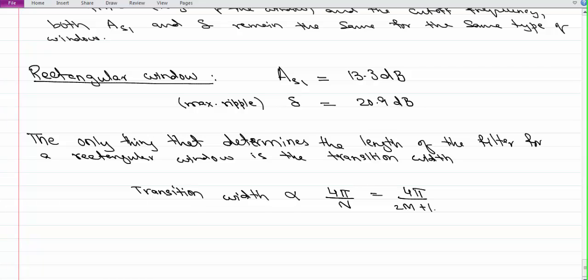Okay. So that's the only thing then that is in your control. And we try to design a filter which satisfies the transition width. We are not going to be able to do anything about the ripples.